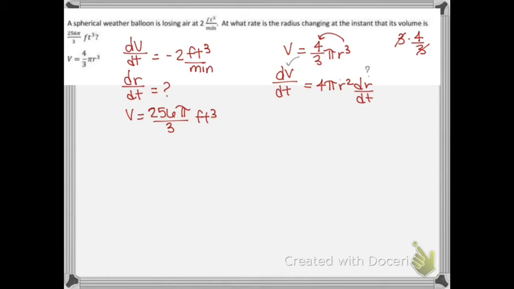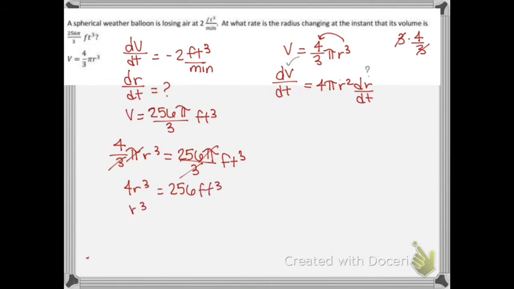So what we're going to do is set the volume formula for the sphere equal to the volume of the sphere. So 4/3 pi r cubed, we set that equal to the volume, including the feet cubed. Okay, so we can cancel a pi out of both sides. We can cancel a 3 out of both sides. So we're left with 4r cubed equals 256 feet cubed.